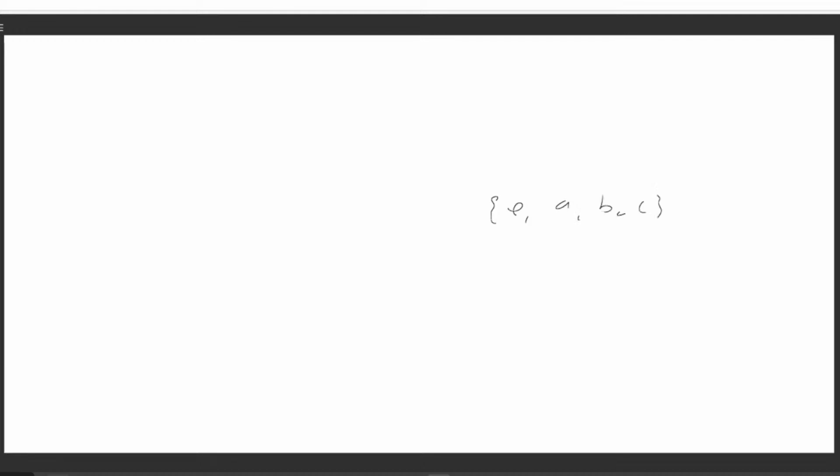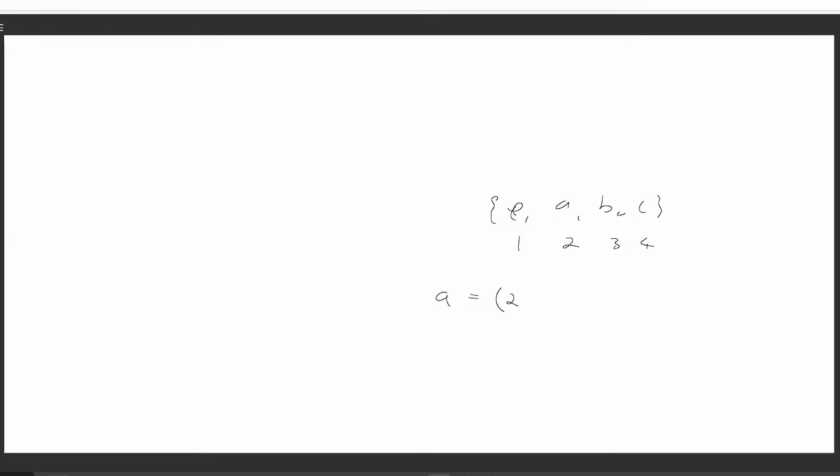If you take V4 as e, a, b, c, you can call these 1, 2, 3, 4 in S4. So a maps 1 to a. That is, ae is equal to a. It's like a1 is equal to 2 when you consider it as elements of S4.